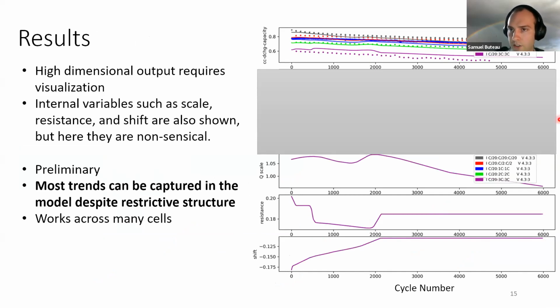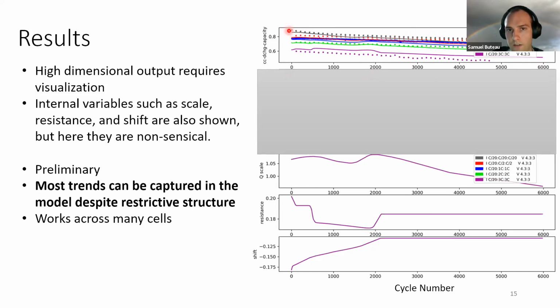One thing that's a bit challenging here is that the predictions, or the output of the model, are very high dimensional. Here are some ways in which they have many dimensions. First of all, there's a dependence on cycle numbers, so the data occurs at different cycles.